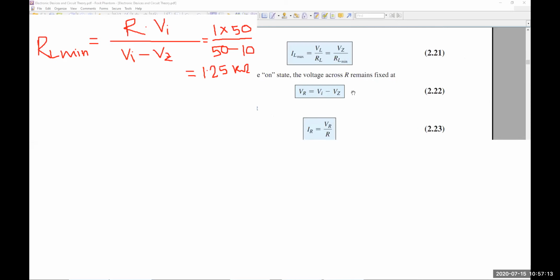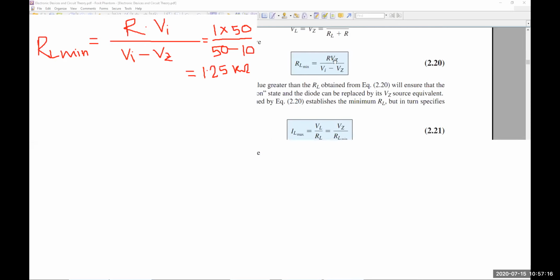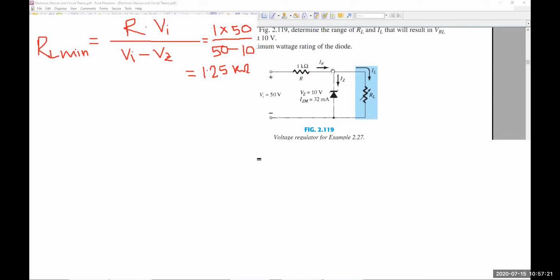Now, what was the formula actually? Oh no, the formula was VZ. The upper one is VZ, not VI. You made a mistake. R is equal to 1K, VZ is equal to 10, lower one is 50 minus 10.